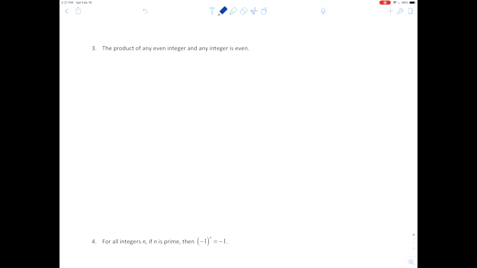Next up, what do you think? The product of any even integer and any integer is even. So what does even mean? Even means that it can be written as 2 times some integer, right? So let's check it out.